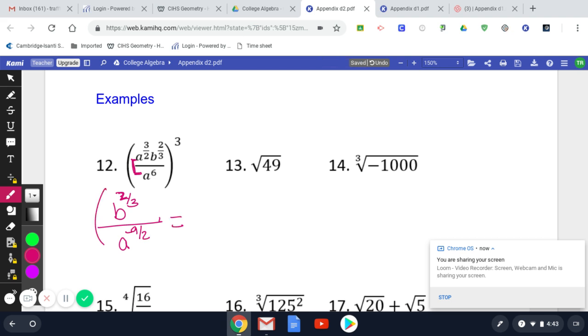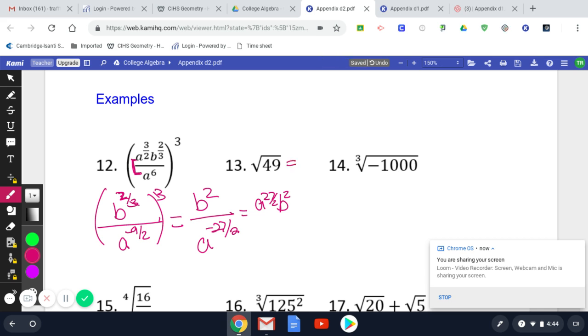And then I'm going to cube the whole thing. So when I cube the top part, that's going to cancel, so I have b squared. When I cube the bottom part, I get a to the negative 27th over 2, which then would be a to the 27th halves times b squared to deal with a negative exponent.